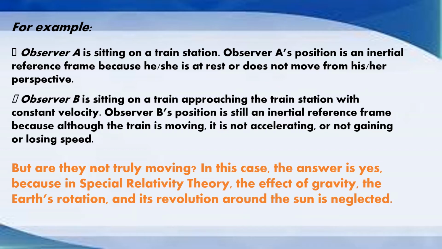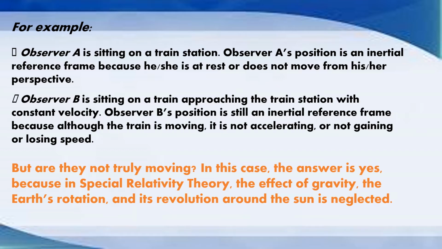Because he is just sitting. While observer B is sitting on a train approaching the train station with constant velocity. Observer B's position is still an inertial reference frame because although the train is moving, it is not accelerating, or not gaining or losing speed.